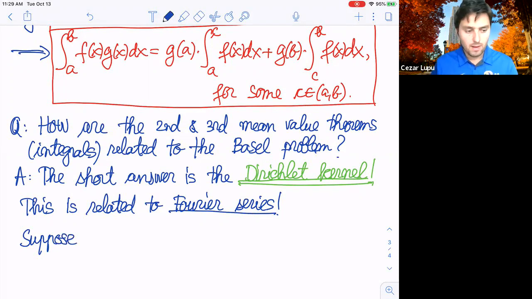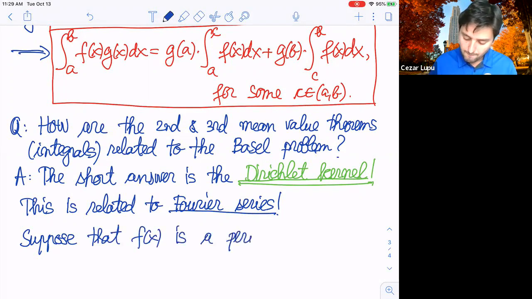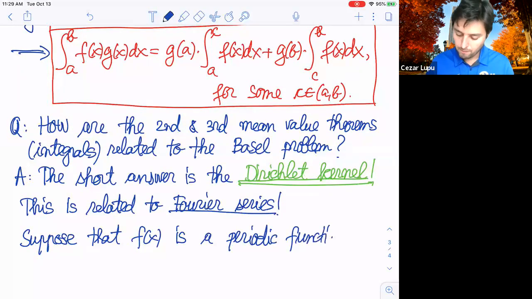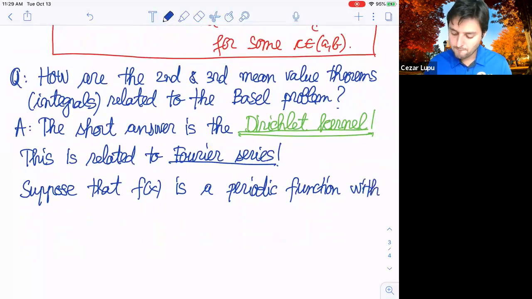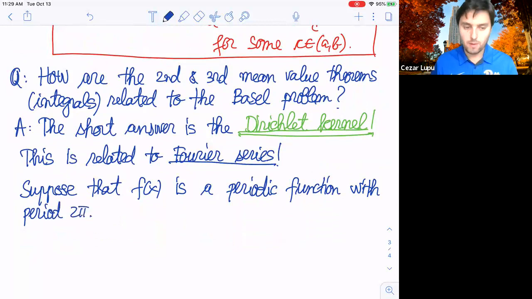Suppose that f of x is a periodic function, let's say with period 2 pi. Well, when you have a periodic function of period 2 pi, Fourier came up with this amazing discovery.